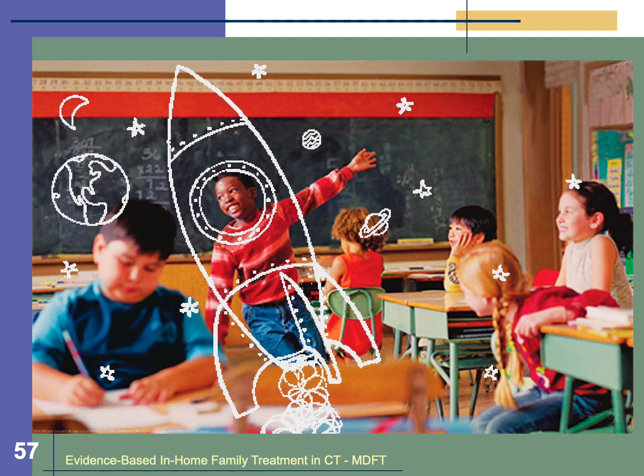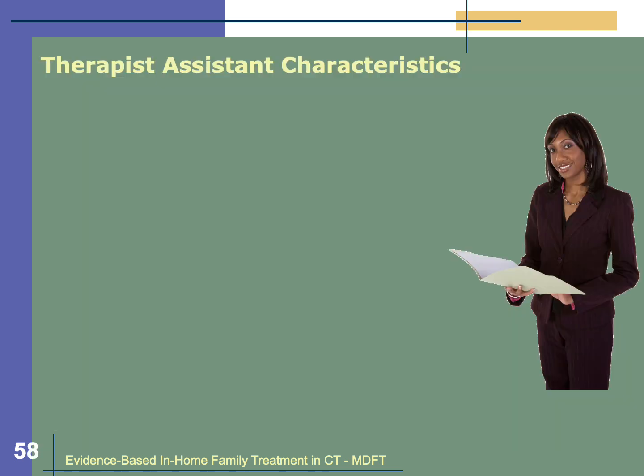So in this case, if the kid is looking to be an astronaut, we might connect him with an astronomy group or take him to something where he understands what it takes to be an astronaut. So we're taking what people might see as a negative and turning it into a positive.